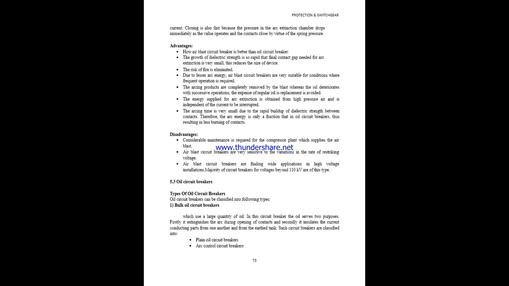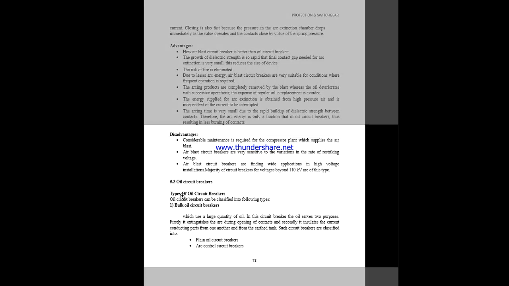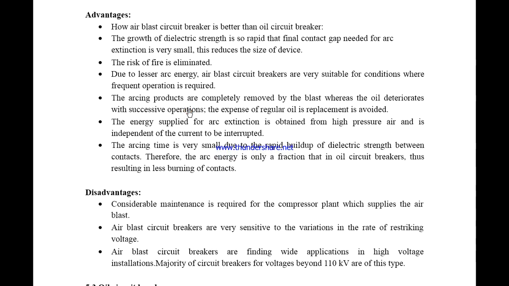There are certain specific advantages and disadvantages of air blast circuit breakers. Specifically, the risk of fire is eliminated in this case, and the dielectric strength is very high. The arcing products can be completely removed because it is an air blast. Next, the energy supply for arc extinction is obtained from high pressure air.